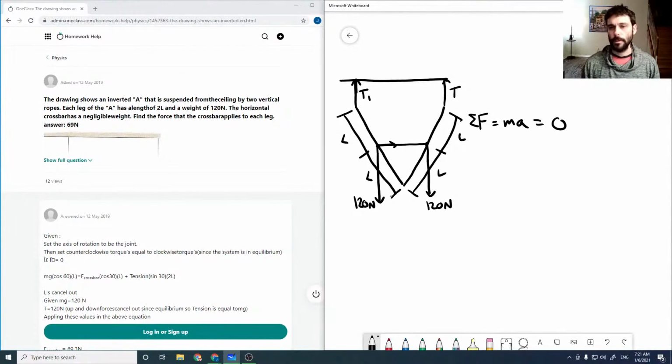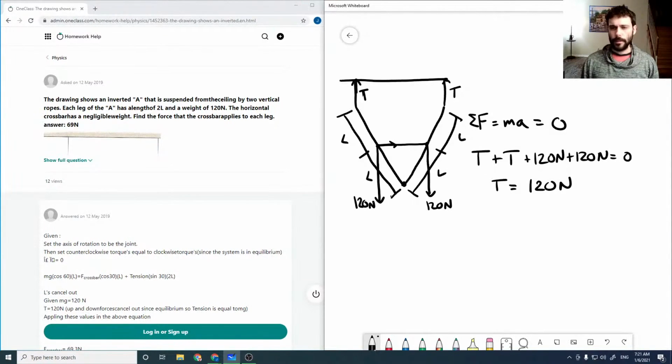Our only forces here are our tension forces, and we would assume, as it's equally distributed, that both tensions are actually the same. So I'm just going to leave it as T plus T, like that. And then plus our weights, which is 120 equals 0. And so we can easily see that our tension here is 120 newtons. So each of the tensions are 120 newtons.